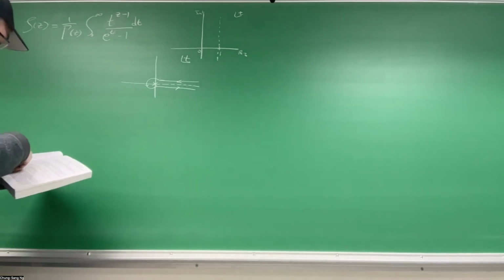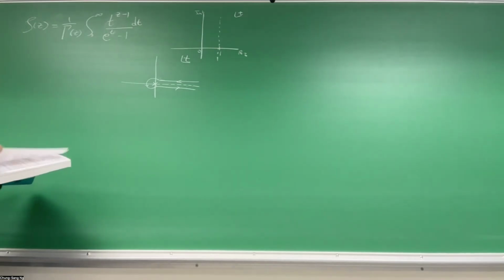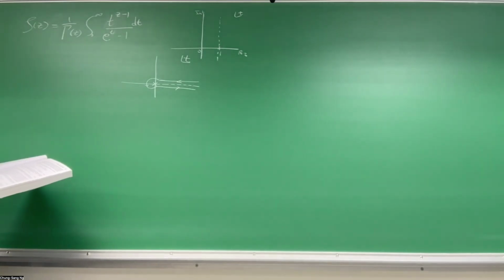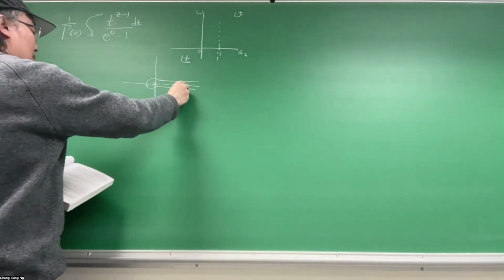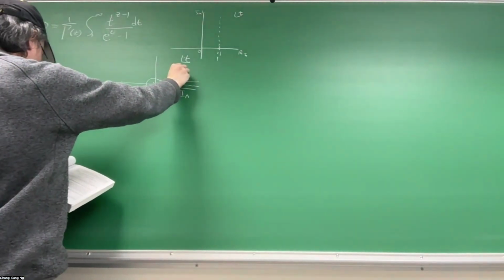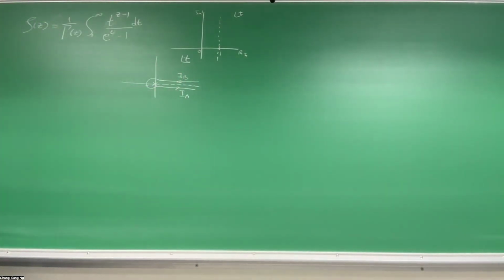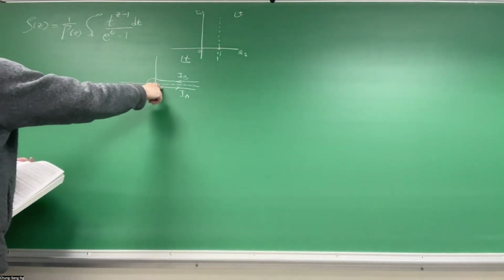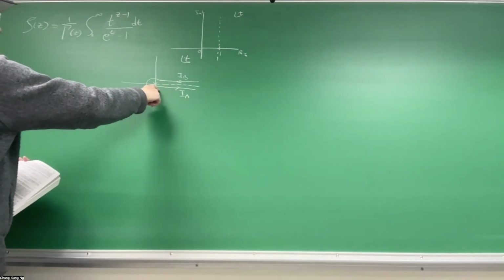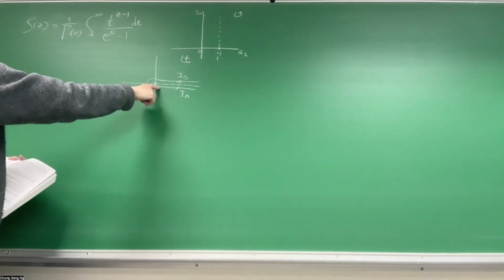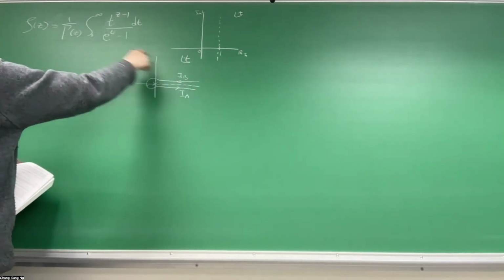This is defined in the textbook as I sub A, and this is I sub B, I suppose. This I sub A is obviously the same as this one because you're integrating from 0 to infinity.